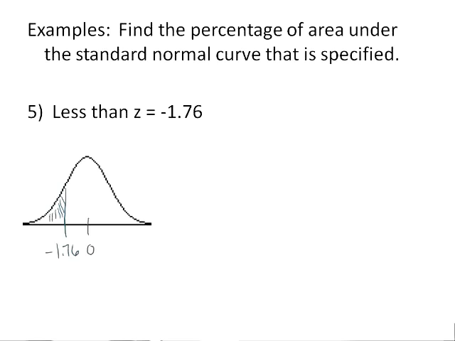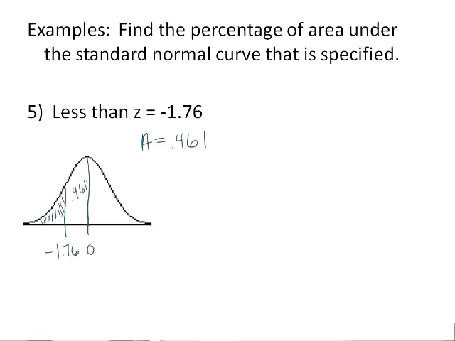That's of course this area right here. Now when I look at the corresponding area, so positive 1.76 from the table, I get an area of 0.461. But the area, 0.461, is this region here.